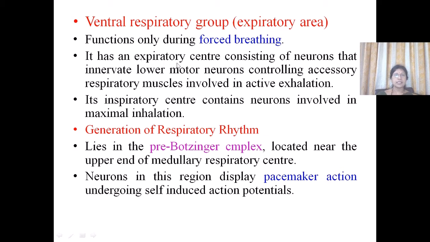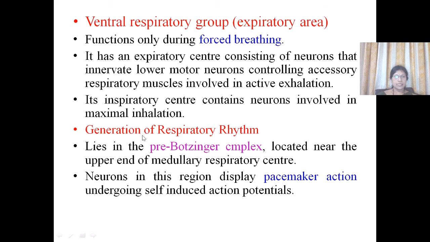The VRG has an expiratory center consisting of neurons that innervate lower motor neurons controlling accessory respiratory muscles, which are involved in active exhalation. The VRG's inspiratory center contains neurons involved in maximal inhalation.